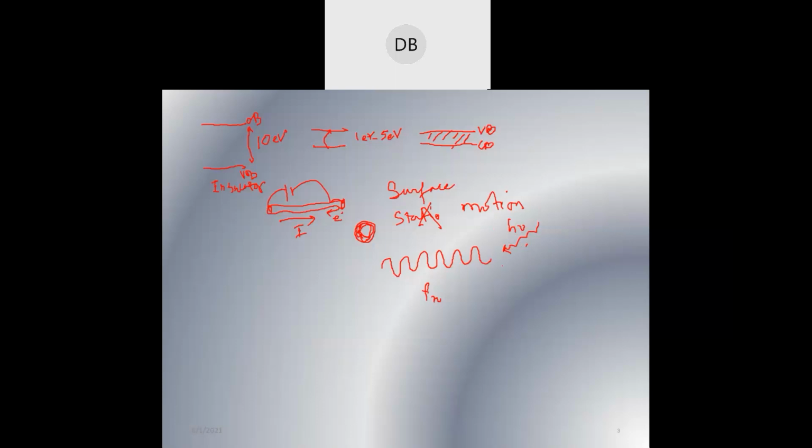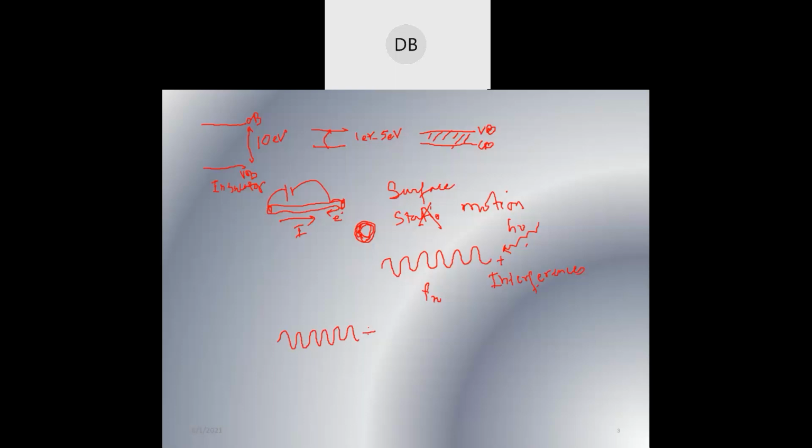That means there will be an effect of these. The incoming light will interfere with the oscillations of the electron. So there will be an interference. Let me give you a small example here. Suppose I have a signal which is oscillating in energy like this.